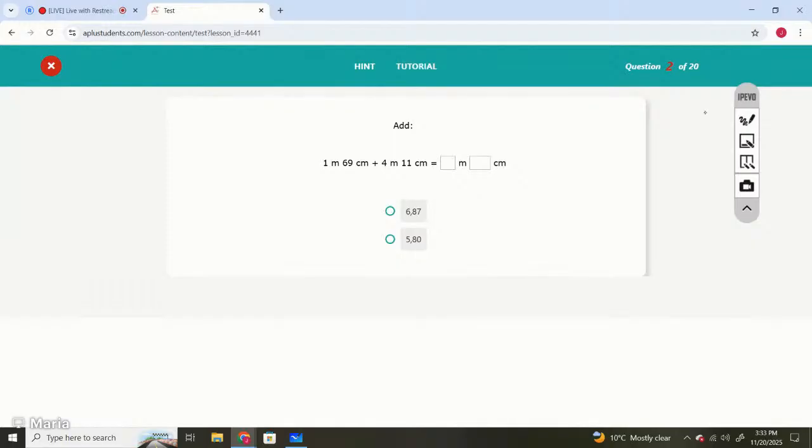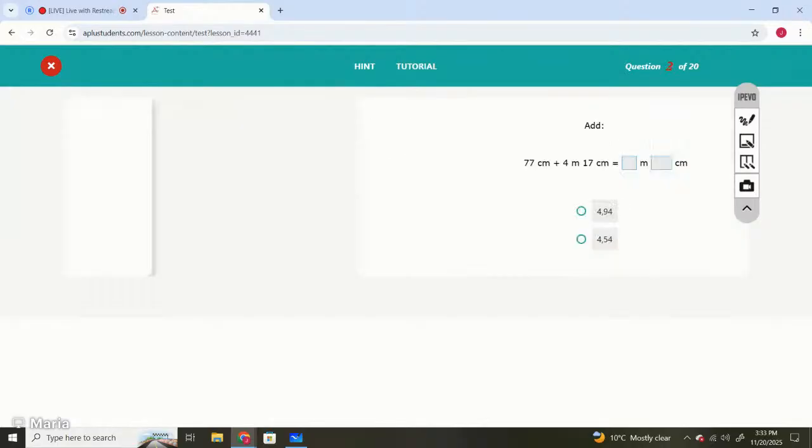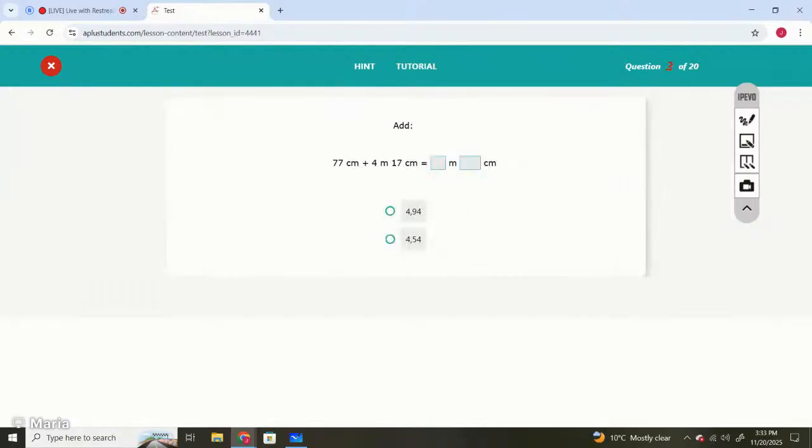That is 5 meters 80 centimeters. Option number 2 is the correct option. 3 meters 77 centimeters plus 4 meters 17 centimeters. So add meters to meters and centimeters to centimeters. So which is the correct option?